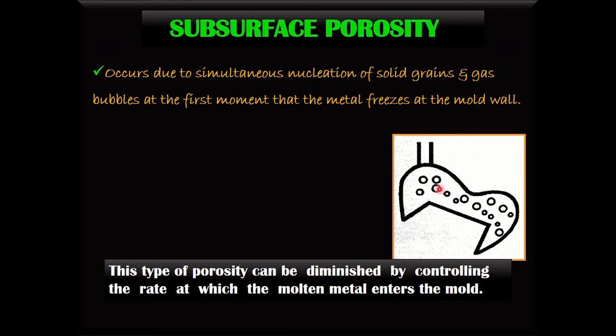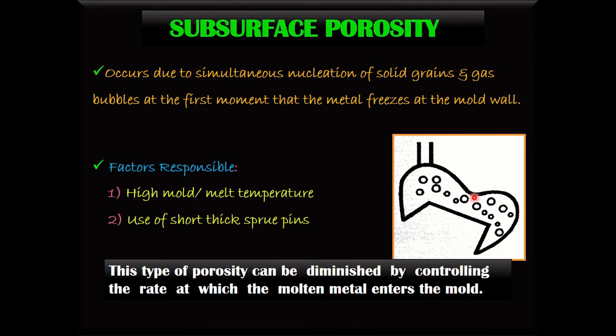But at the same moment the metal freezes at the mold wall, and the bubbles are not able to escape. So the factors responsible are a high mold melt temperature and the use of short thick sprue pins. This type of porosity can be diminished by controlling the rate at which the molten metal enters the mold.